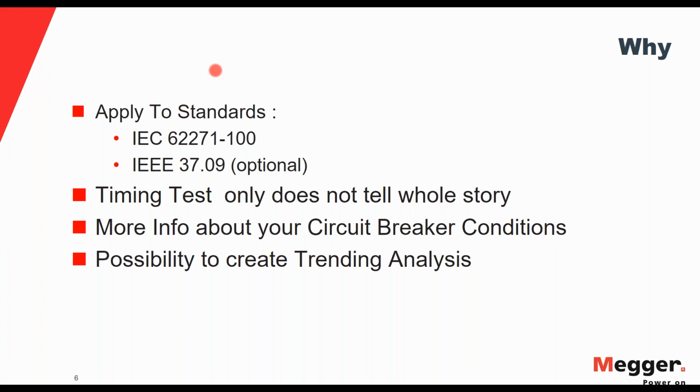If you look at the timing test from the standard definition point of view, it's just the time from the start of the operation, energizing the coil, until the first contact separation or first contact touching, depending on the operation, close or open. So whatever happened after or before that is not told by the timing test.